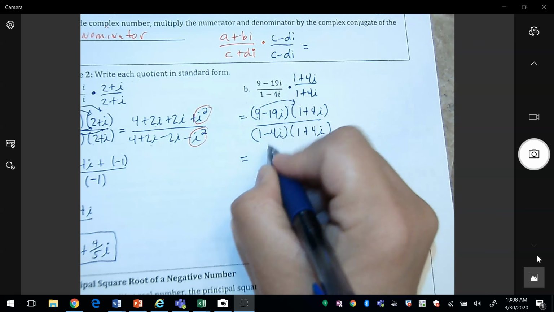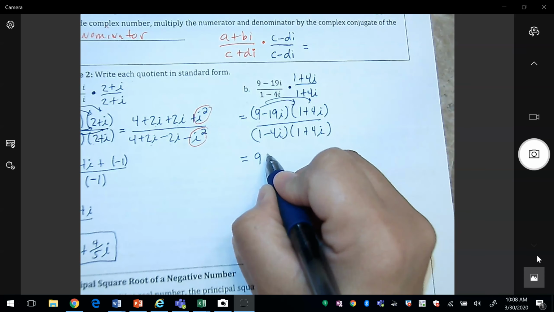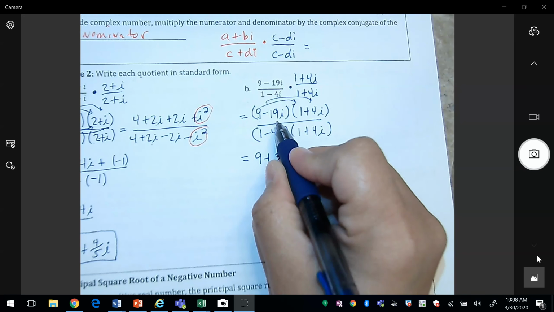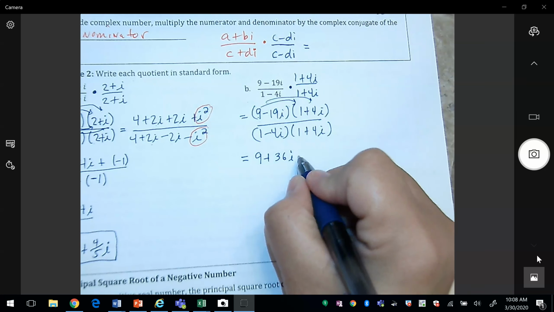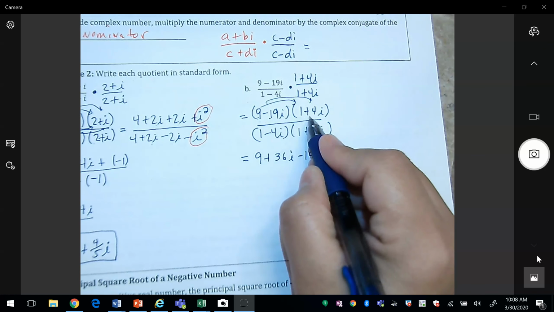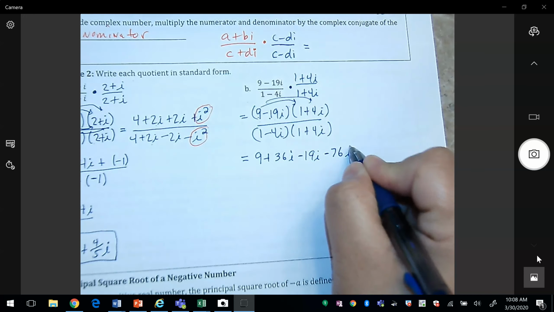So 9 times 1 is 9. 9 times 4i is 36i. And negative 19i times 1 is negative 19i. And negative 19i times 4i is negative 76i squared.